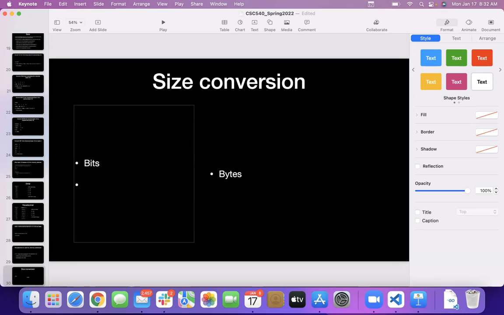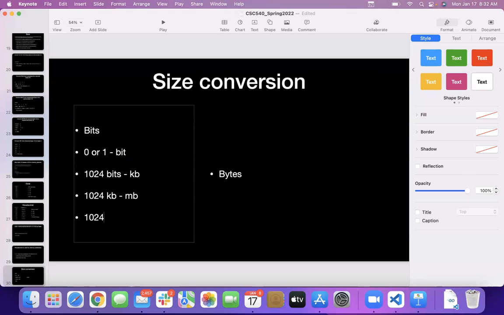So 1 bit is a 0 or 1. 1,024 bits is a kilobit, small k. 1,024 kilobits is equal to a megabit, small m.